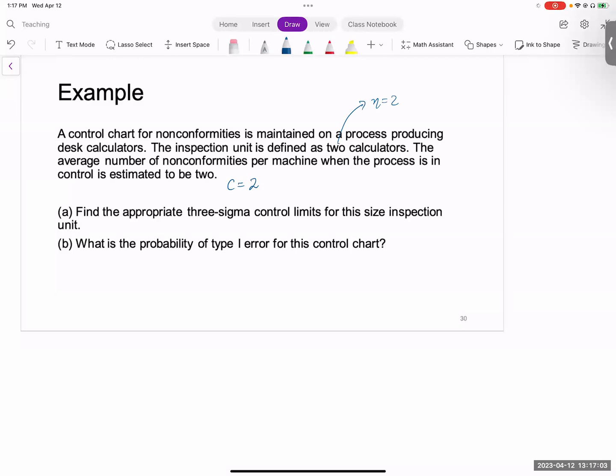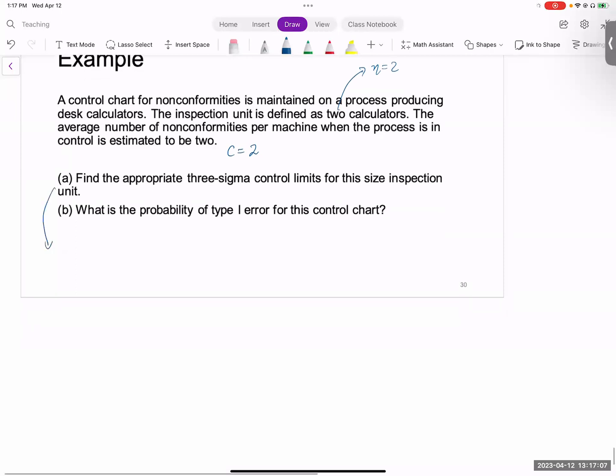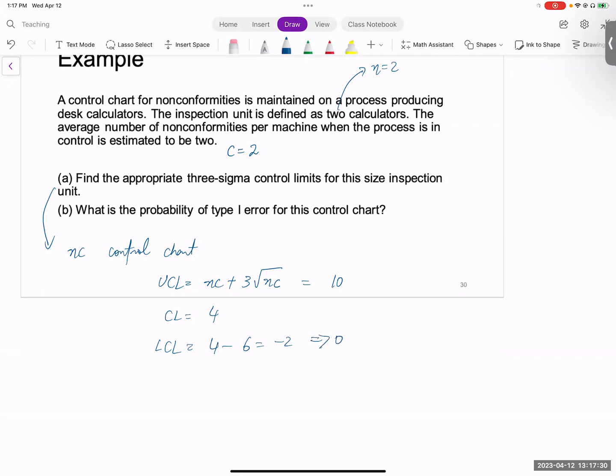The question says find appropriate 3 sigma control limits for this size inspection unit. So for the first problem, we can construct an nc control chart, and your UCL will be nc plus 3 square root of nc. If you plug in the numbers, you'll get 10, CL is 4, and LCL is, again, 4 minus 6, which is -2, so you make it 0.